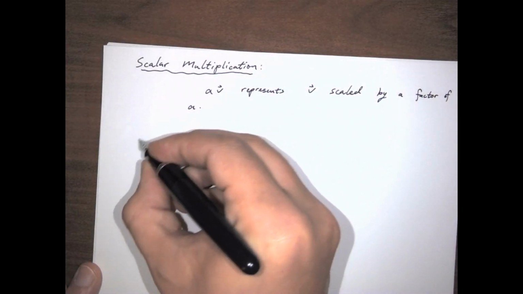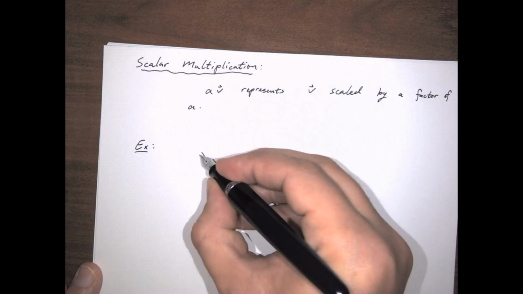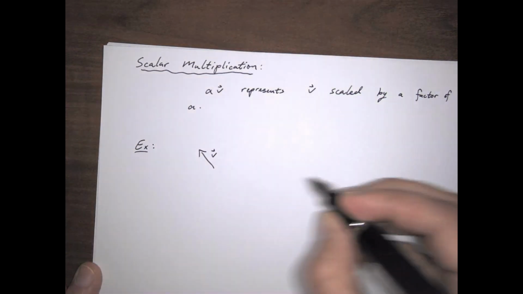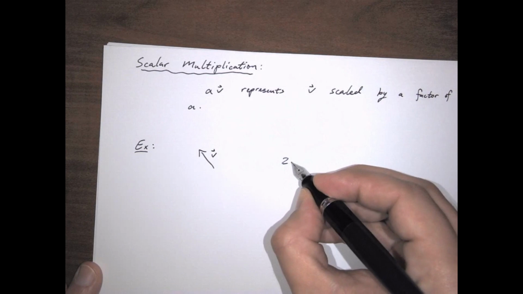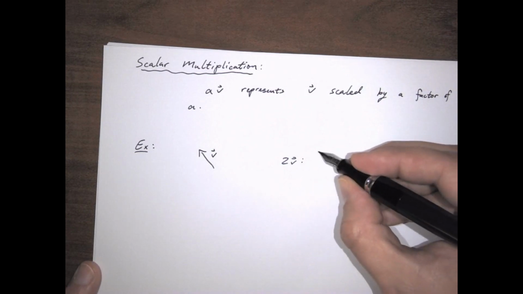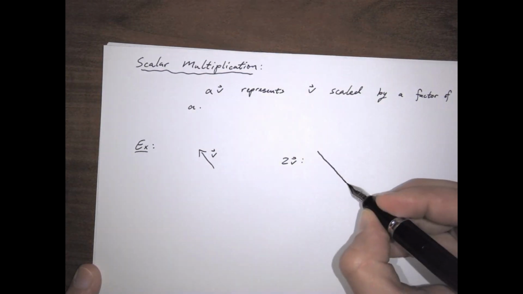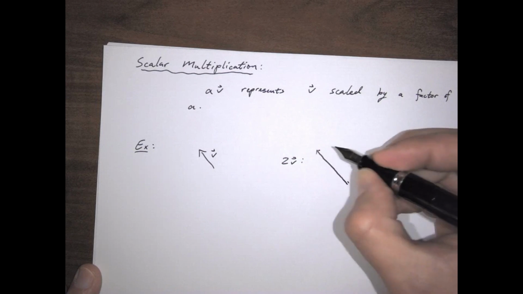So for example, let's say v is something like this. Then 2v would just be the same thing as v, but twice as much. So scale it by a factor of 2. It's like 2 copies of v, like v plus v, just like with numbers.